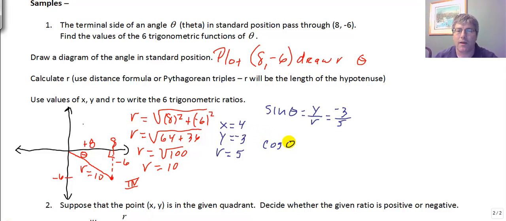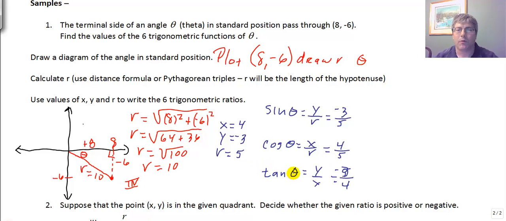And the cosine of theta, which is x over r, equals 4 over 5. And the tangent of theta, which is y over x, is -3 over 4.